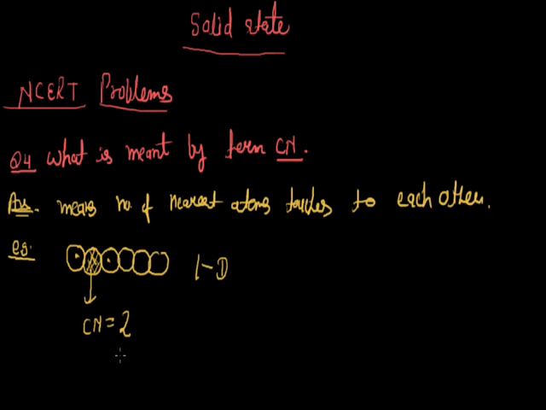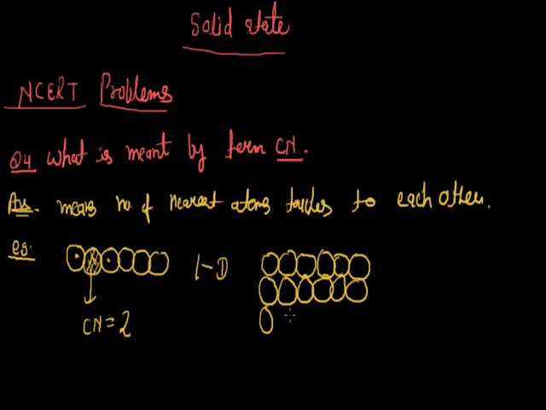So in 1D, the coordination number is always 2. Now if we discuss the 2D arrangement, there are two possibilities. This is the first, or 1D, arrangement where spheres touch each other. If we take the second layer, then according to the first possibility, the second layer is placed parallel to the first layer, and this is the third layer, but each layer is parallel to each other.